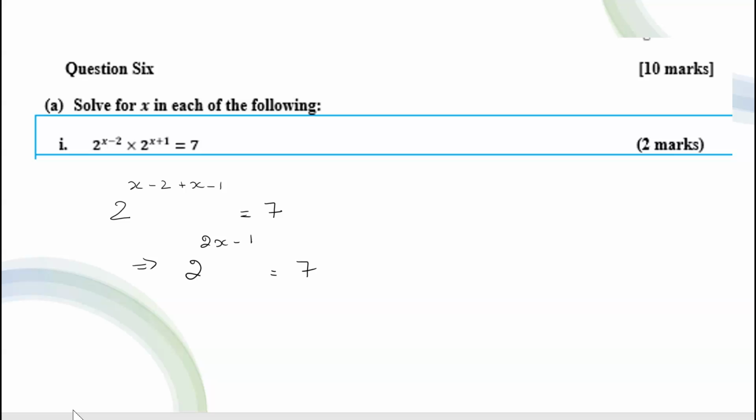Now remember, when the thing that you're trying to solve is a power, then you can take logs, either natural logs or logs to the base 10. So I'm going to take natural logs, it doesn't make any difference to your answer. Now the rules for powers and logs say that we bring that power down to the front.